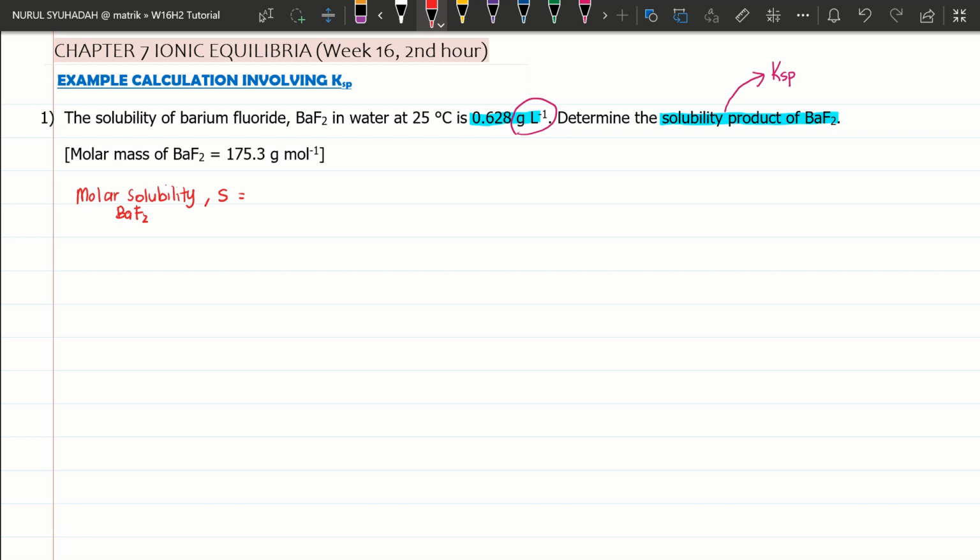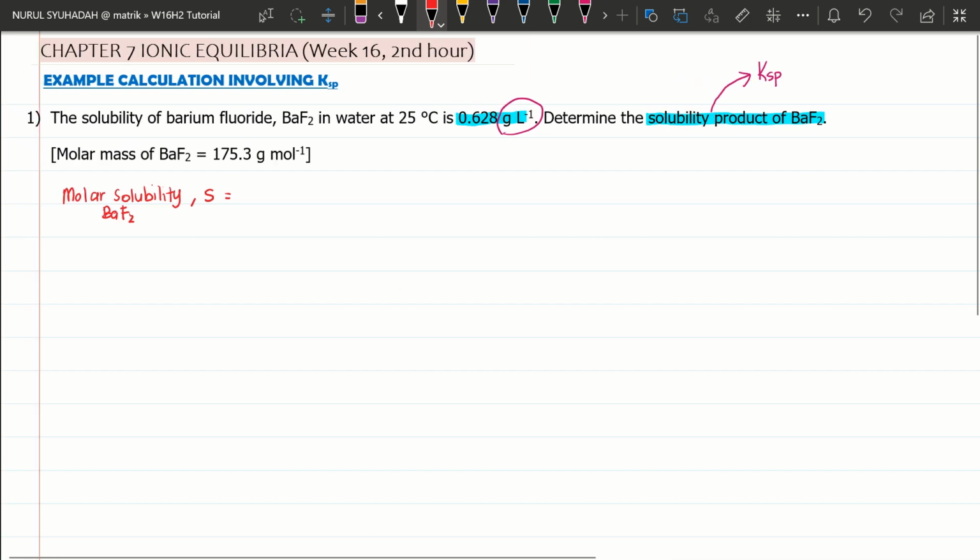So since we want to find molar solubility here, okay, so kita ada tadi 0.628 gram per liter, and already given to you the molar mass of BaF2. Okay, so bahagikan, so 175.3 gram per mol.